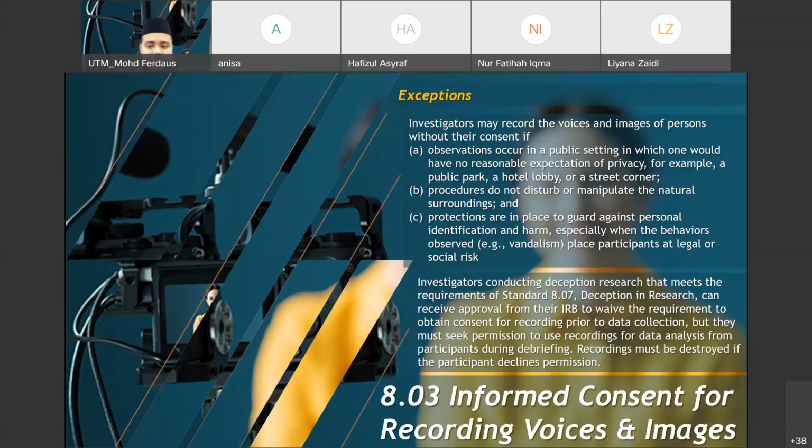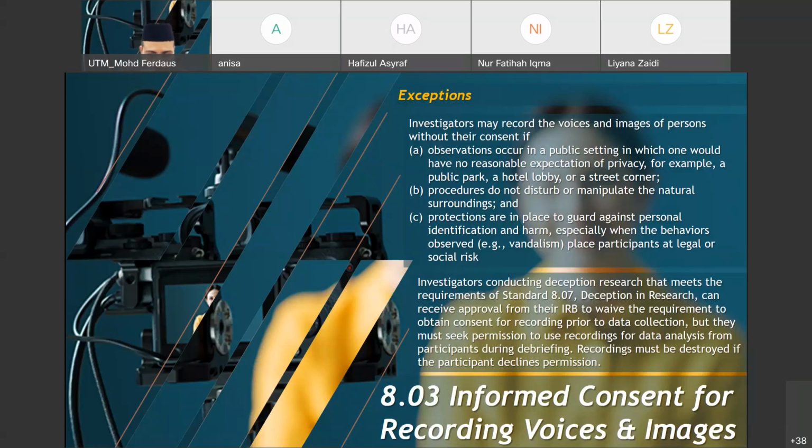Investigators conducting deception research that meets the requirements of Standard 8.07, which we are going to discuss later on deception, can receive approval from their institutional review board to waive the requirement to obtain consent for recording prior to data collection, but they must seek permission to use the recording for data analysis from participants during the debriefing.